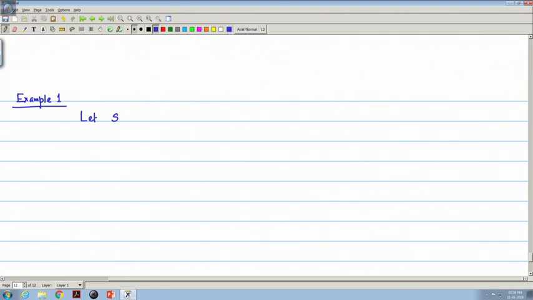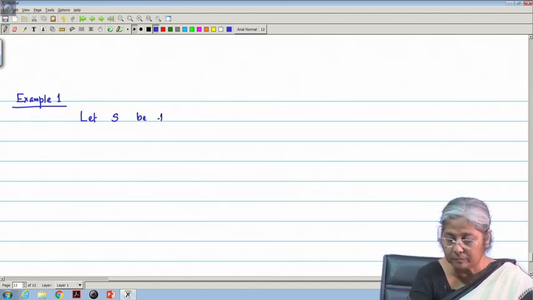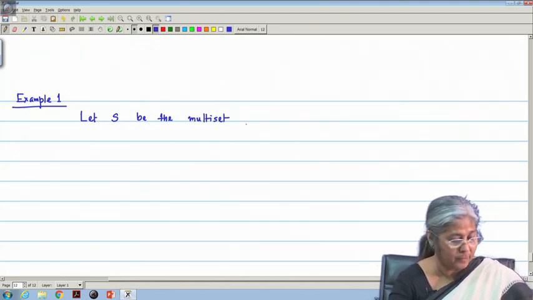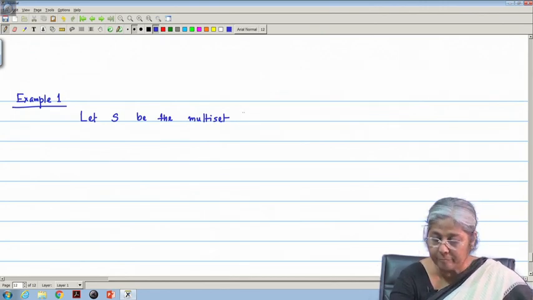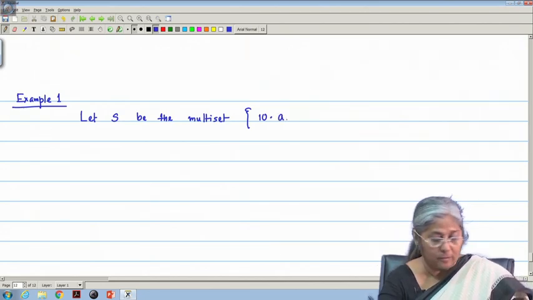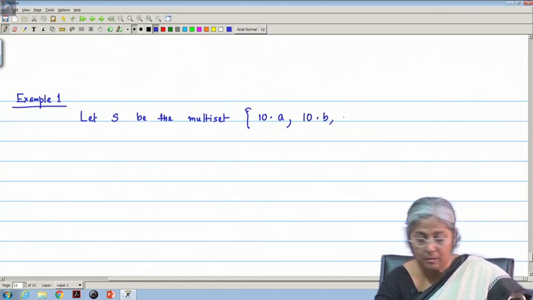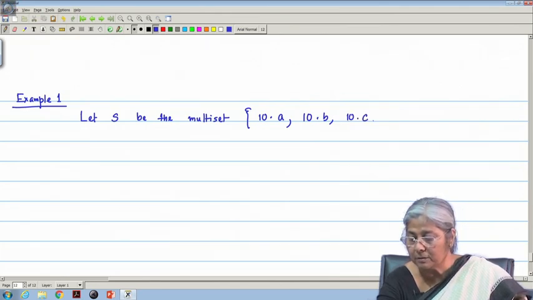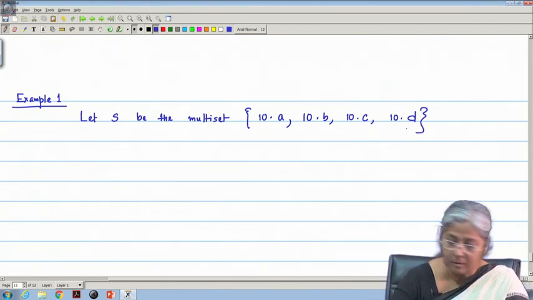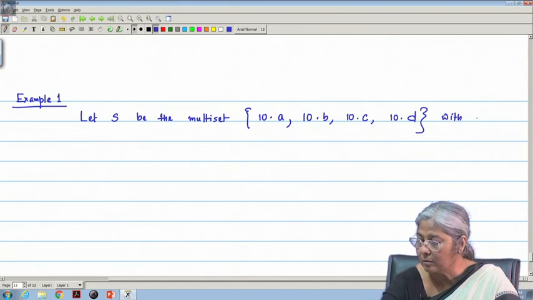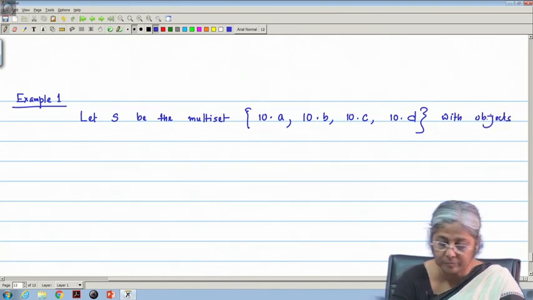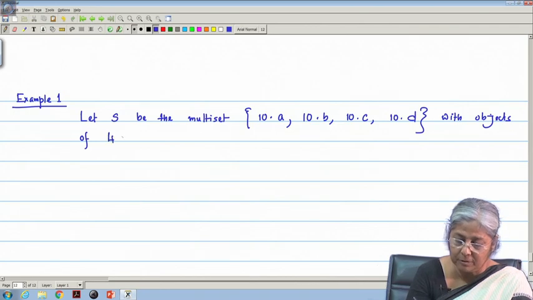Let S be the multiset, say I have A with 10 repetitions, B with 10 repetitions, C with 10 repetitions and D. So, there are 4 different types, ABCD, of objects.